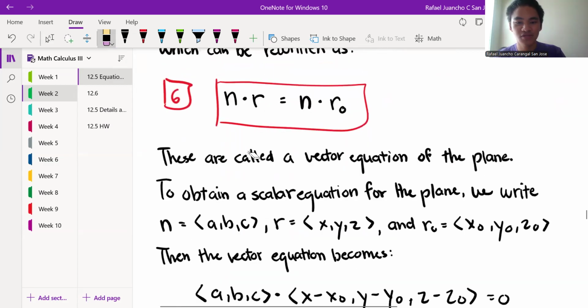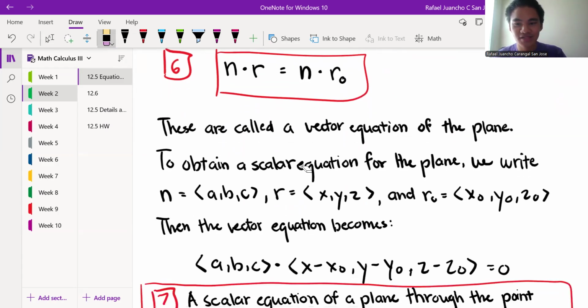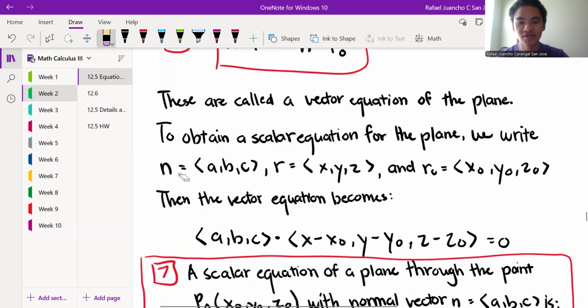And what is this? This is called a vector equation of the plane. Yeah, that's it. And so to obtain a scalar equation for the plane, so scalar means you're multiplying a vector by some number, and that number is a scalar, we rewrite our normal vector n, which has components a, b, c. Those are just some random variables, to be honest.